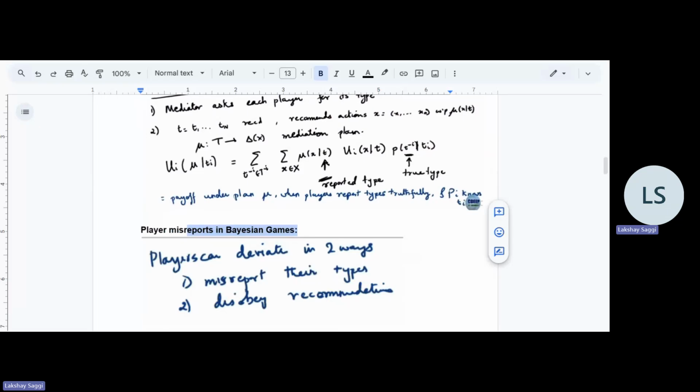If the strategy of the mediator is such that everyone is incentivized to tell the truth about their types and also obey the recommendations, then that's considered a good mediator.